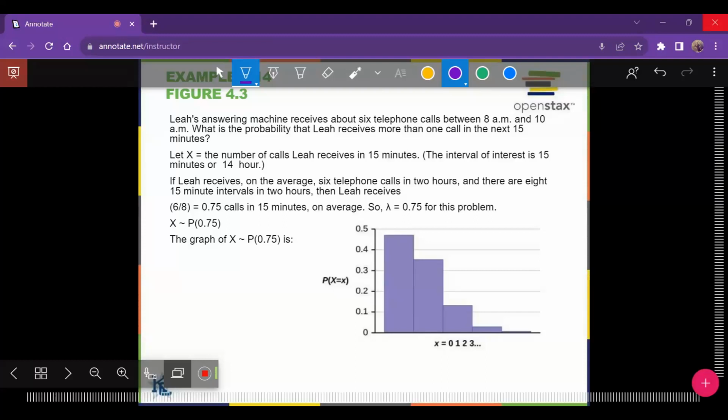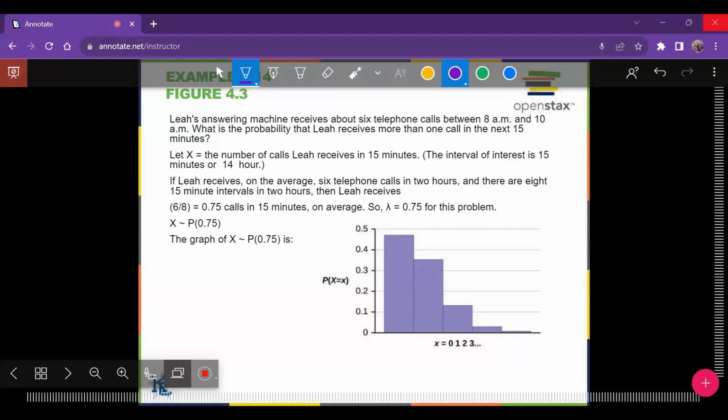So if we let X be the number of calls Leah receives in 15 minutes, the interval of interest is 15 minutes. If Leah receives on the average 6 telephone calls in 2 hours, and there are 8 15-minute intervals in 2 hours, then Leah receives 6 out of 8, or 0.75 calls in 15 minutes on average.